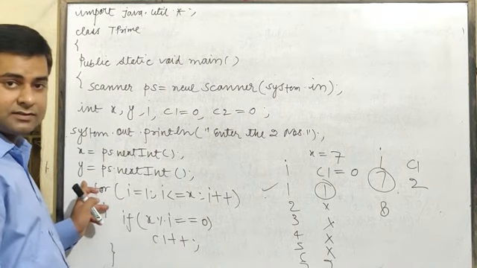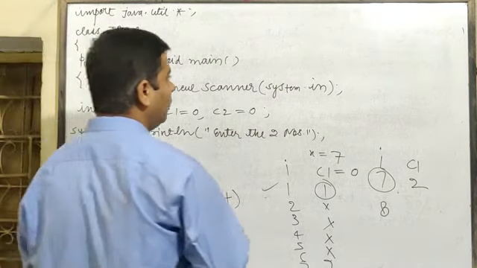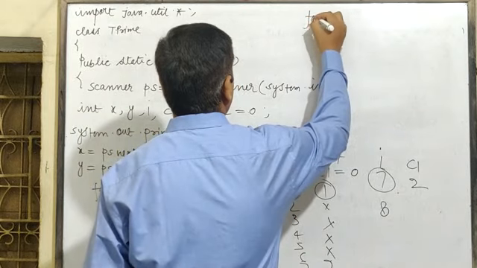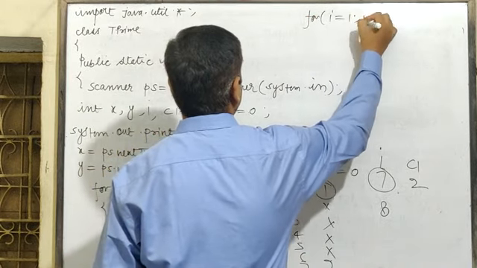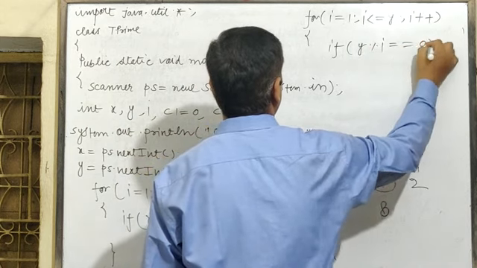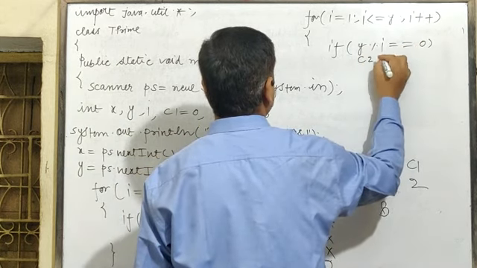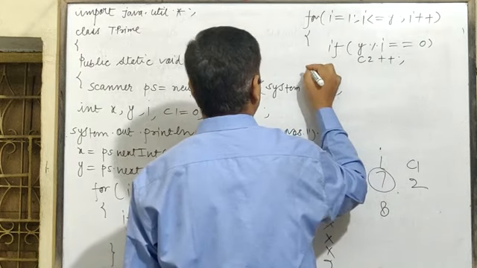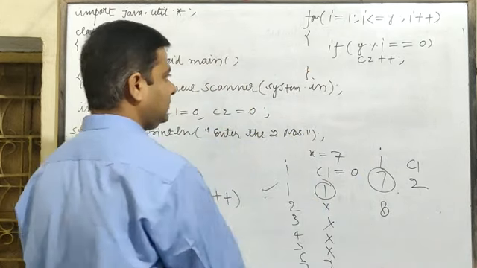So again, one more loop: for I equals to 1, I less than equals to y and I plus plus. Here we will write the condition: if y modulus I equals to 0, then C2 plus plus. And this is the closing bracket of the for loop.